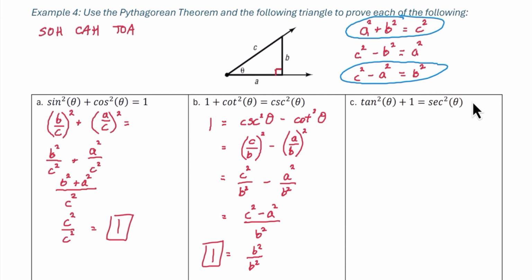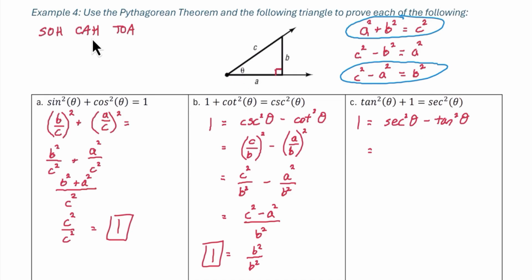Finally, the last identity, let's again isolate the 1. 1 is equal to secant squared theta minus tan squared theta. Secant is the reciprocal of cosine.